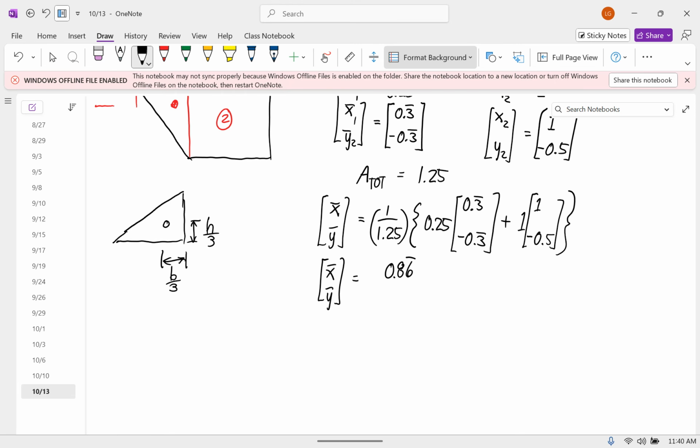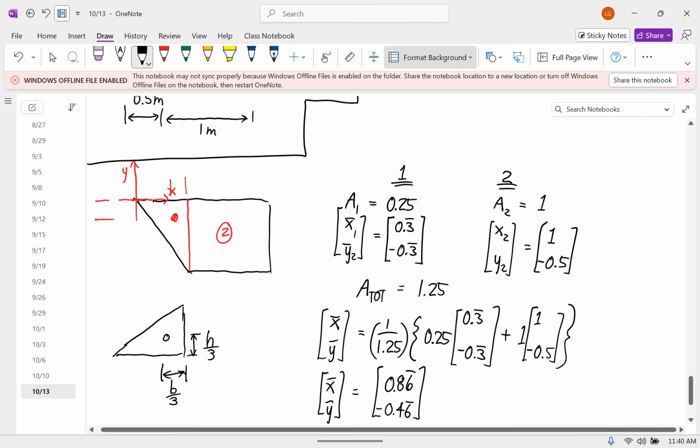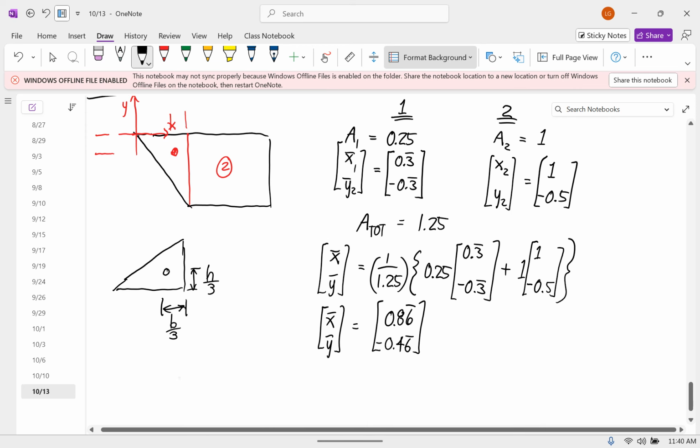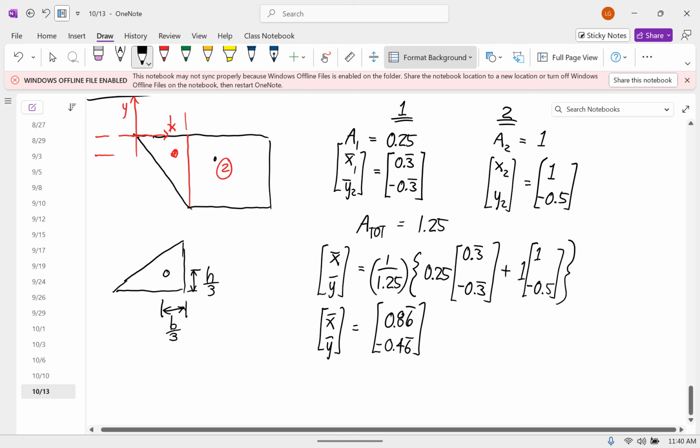That gives (0.86 repeating, negative 0.46 repeating). So somewhere around here.